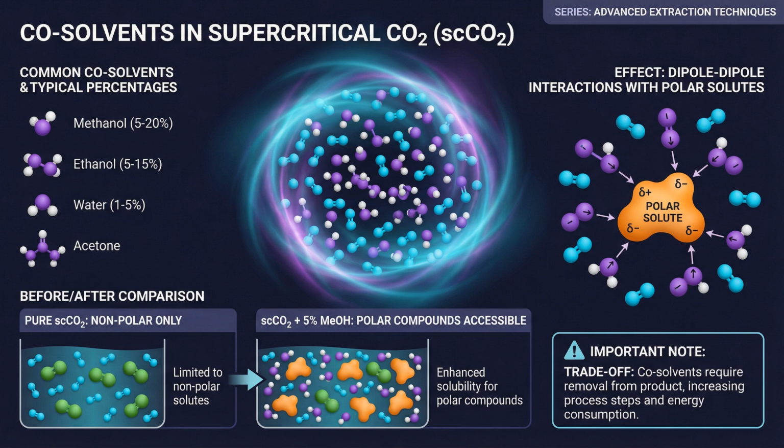Even small amounts of water, around 1 to 5%, can enhance the extraction of certain polar compounds. The co-solvent molecules provide the dipole-dipole interactions needed to dissolve polar solutes. However, there's a trade-off. Adding co-solvents means you'll need an additional step to remove them from your final product, somewhat diminishing the pure green chemistry benefit.